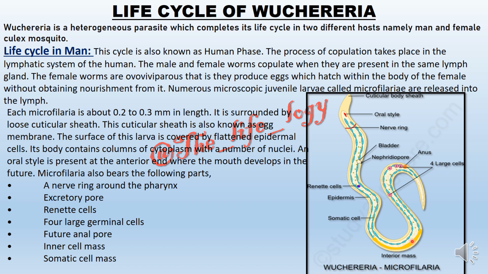You can also see the inner cell mass. Here is a nerve ring around the pharynx, as you have seen. The excretory pore is present, that is the anus. Renette cells are also present, along with four large germinal cells, the future anal pore, and the inner cell mass and somatic cell mass in the microfilaria.